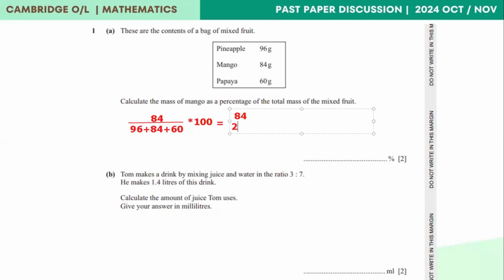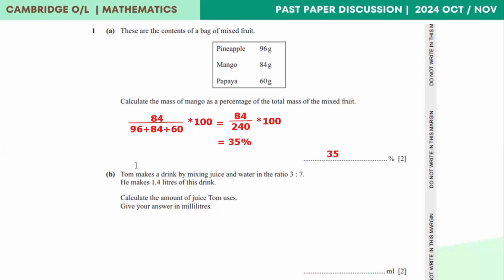It would be 84 over 240, 84 over 240 into 100. That will be equal to exactly 35%. So that's clear.